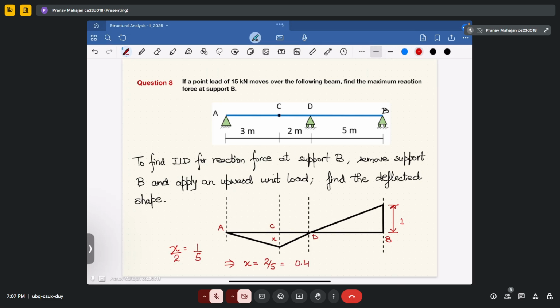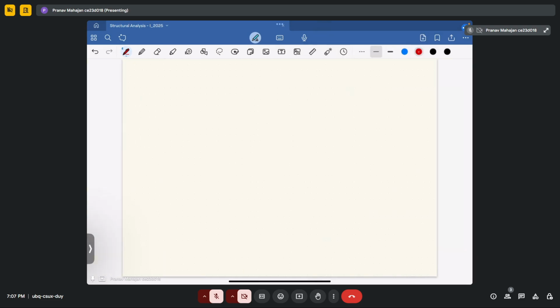Fine. That means you will get the maximum value only when you keep the load at point B, because that is the maximum ordinate you are observing.